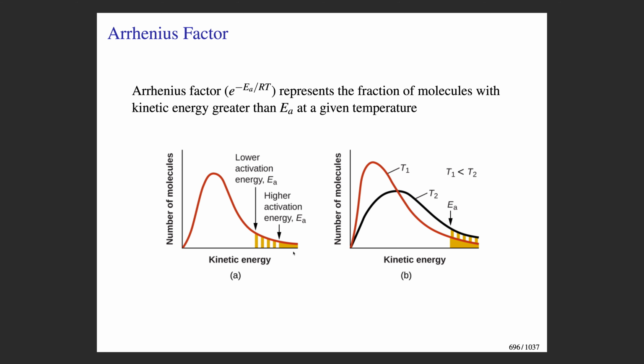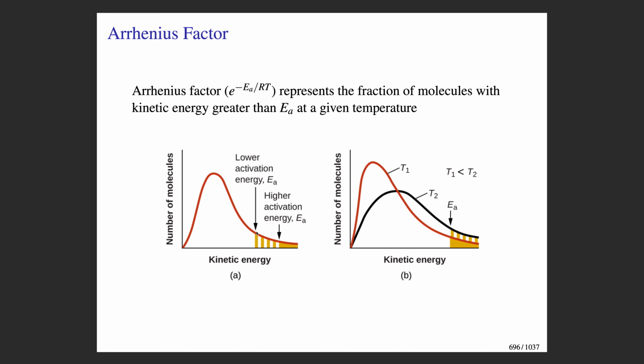Okay? Now let's suppose that our activation energy is this value. So you see that this would be for an activation energy that's very large, very few molecules. That's the shaded area under here, which the Arrhenius factor represents. Very few molecules have energy greater than this particular activation energy.